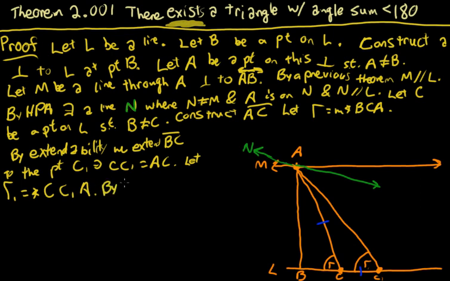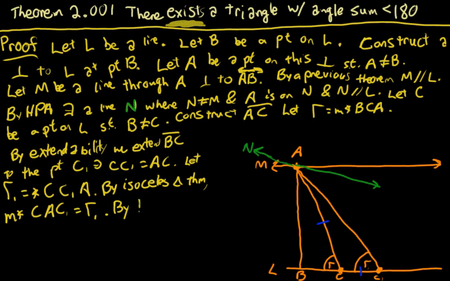Then by the isosceles triangle theorem, the measure of angle CAC sub 1 equals gamma sub 1.